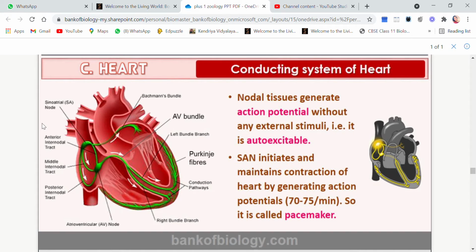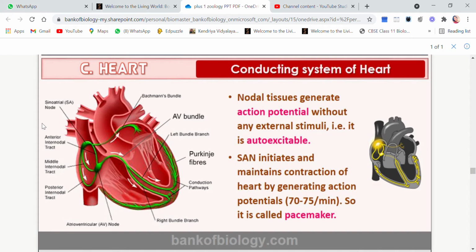Now, suppose a person is pinching another person, then he or she will feel that pain, right? So pinching is the stimulus given to the person. But who will tell SAN or AVN to start the action potential? I must tell you, there is no one, because SAN and AVN are auto excitable.